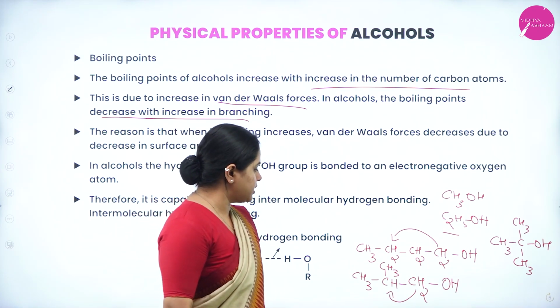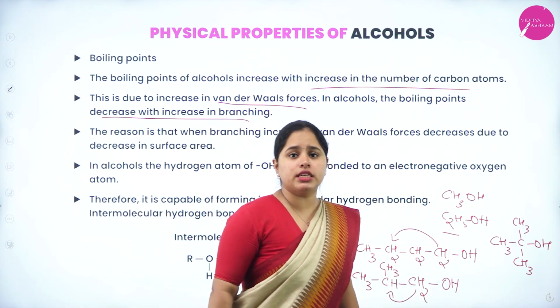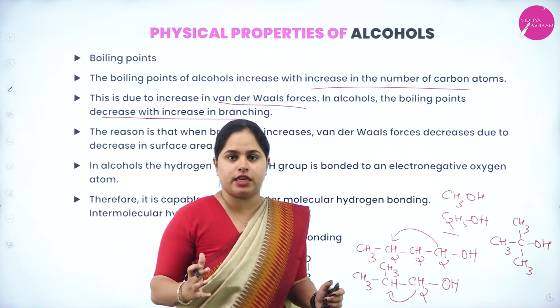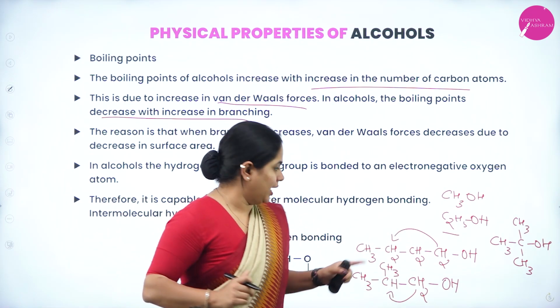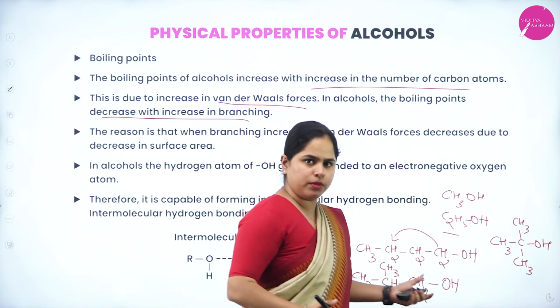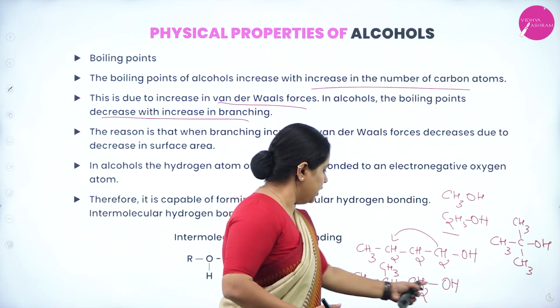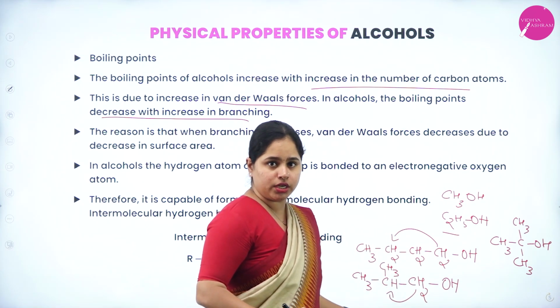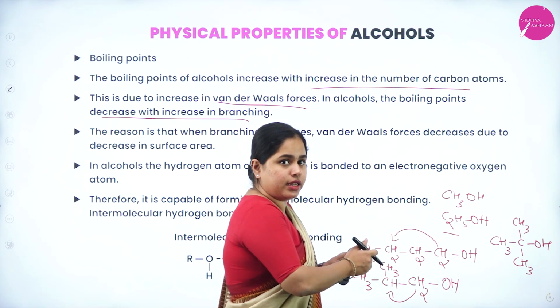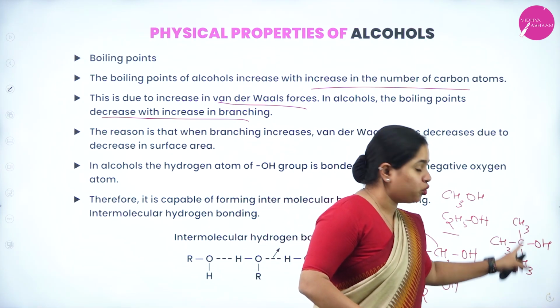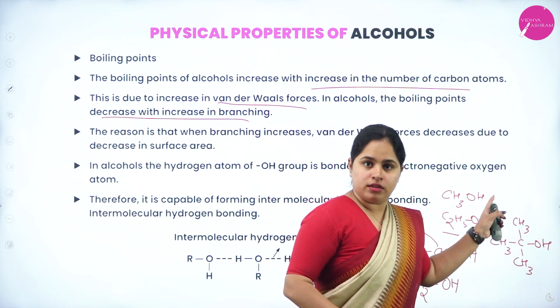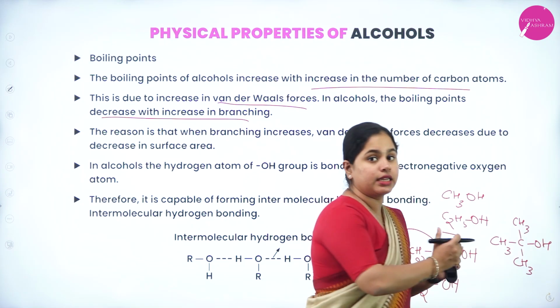In all these cases, you can see that when the branching increases, what is happening to the surface area? As you can see, it is this much big. From the diagram itself, you can say, when one branching has occurred, the surface area is decreased. Now, when the 2 methyl groups have become branches, the size has decreased much more.